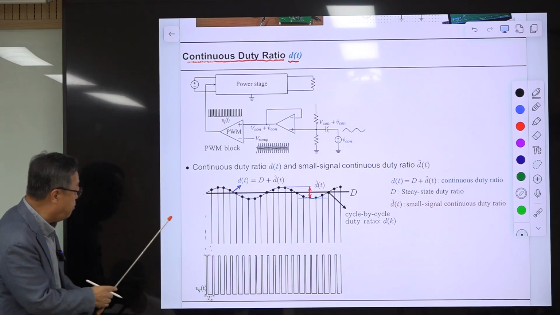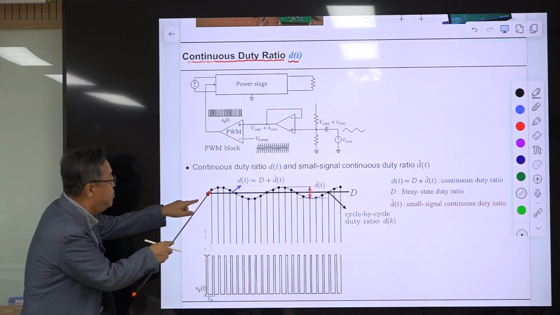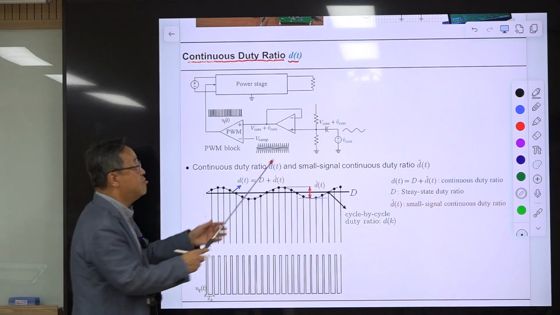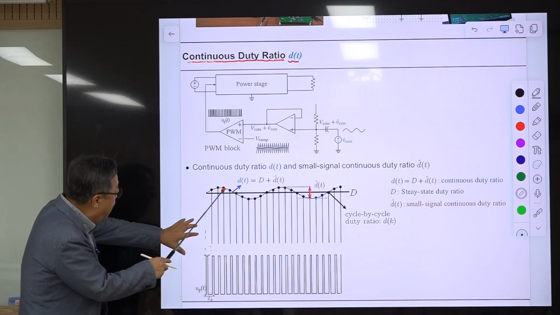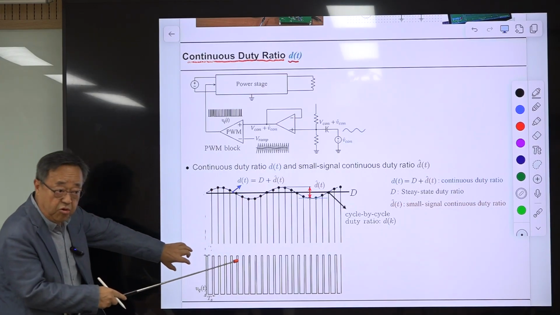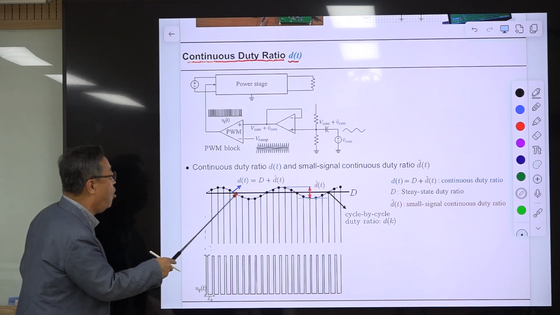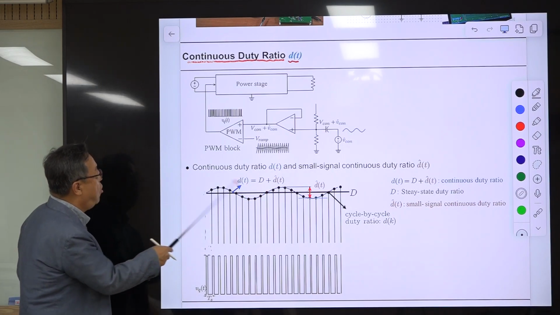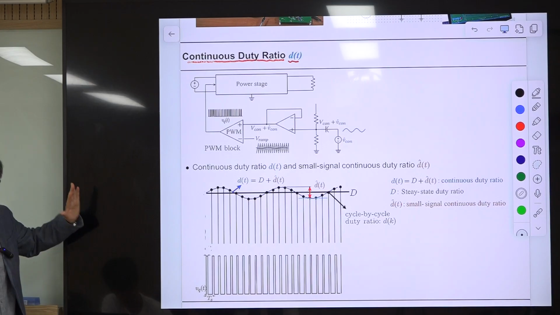Depending on this length, the dots will trace out this sinusoidal waveform, very similar to this one. You connect them, and assuming the switching frequency is sufficiently high, you will get a continuous curve, something like this, and this can be considered as the continuous duty ratio d(t).